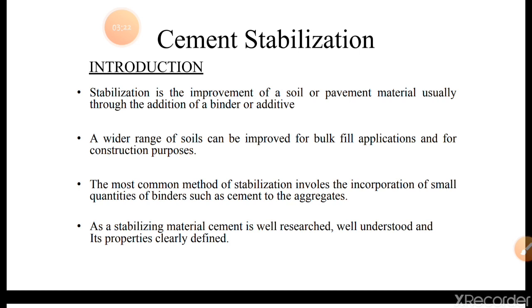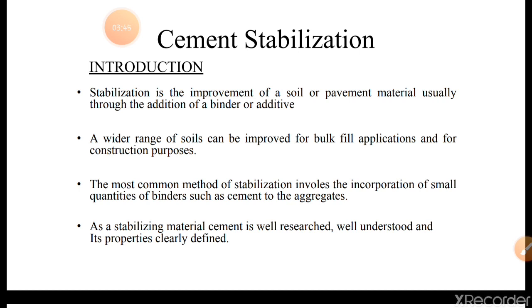That's how it will improve the cohesion of the soil. A wider range of soils can be improved for bulk fill applications and for construction purposes. The most common method of stabilization involves the incorporation of a small quantity of binders such as cement to the aggregates.